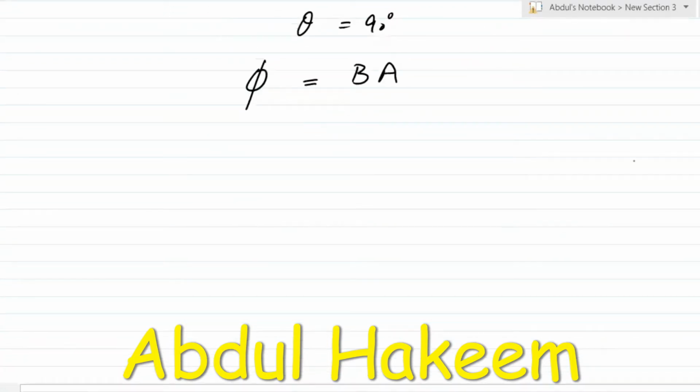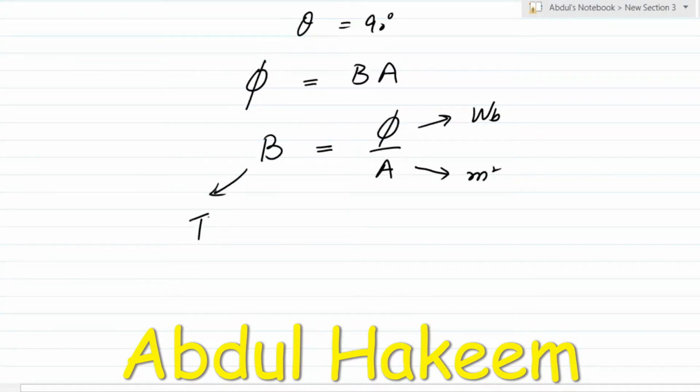And this B, which is magnetic field strength, can be written as phi divided by A. Phi is scalar, it is measured in Weber. Area scalar, measured in meter square. But the B is vector, it is measured in Tesla.